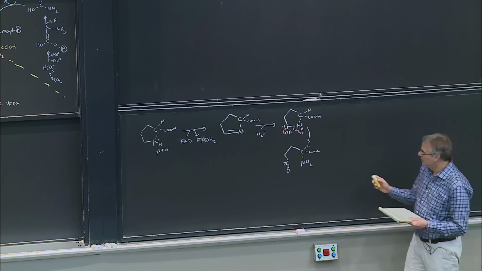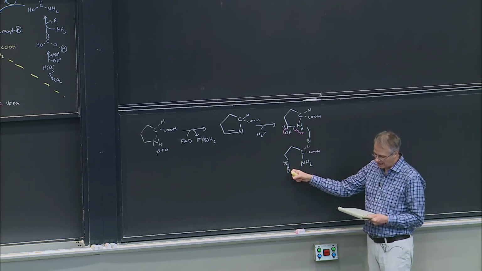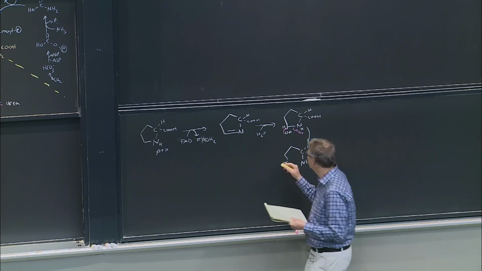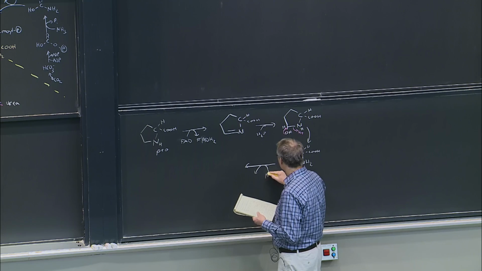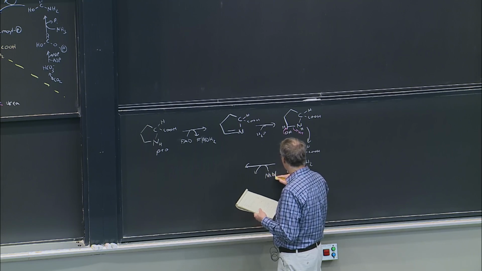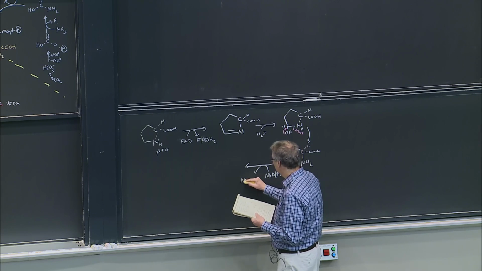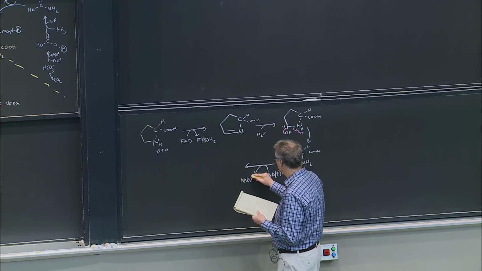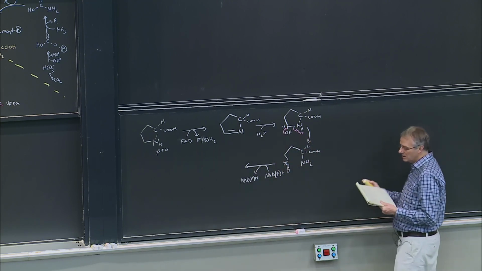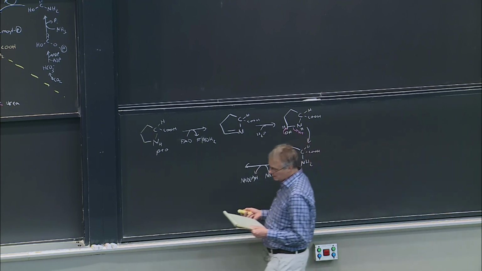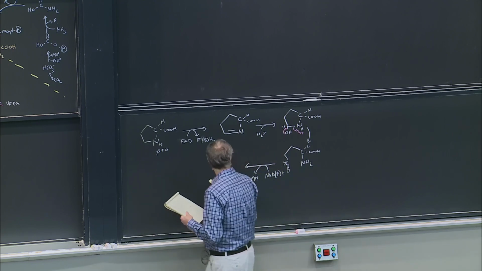Now I'm going to oxidize this aldehyde to the acid. So if I do that, something else has to be reduced. That something else can be NAD plus or NADP plus, depending on the enzyme. There are enzymes that use either NAD or NADP to make NADH or NADPH, respectively.